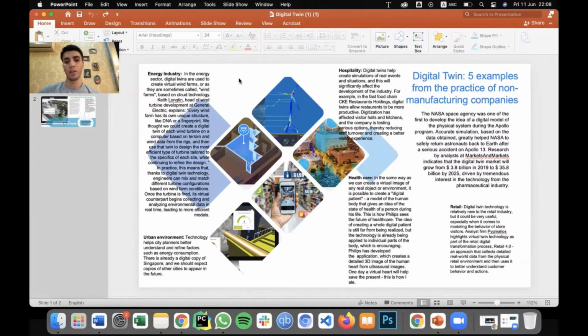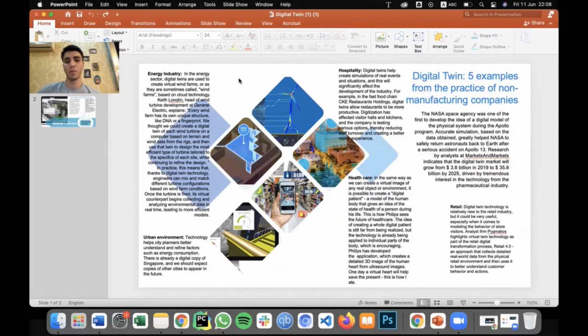On the other hand, in the hospitality sector, digitalization has affected visitors, halls, and kitchens, and the company is testing various options, reducing staff turnover and creating a better visitor experience.